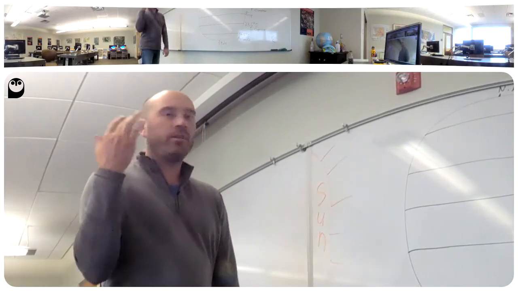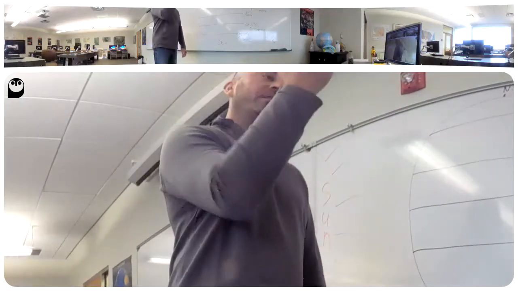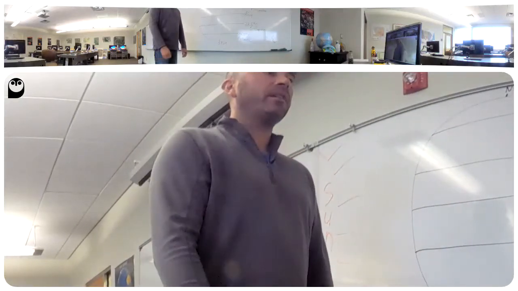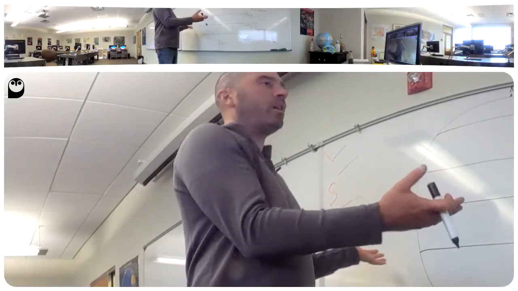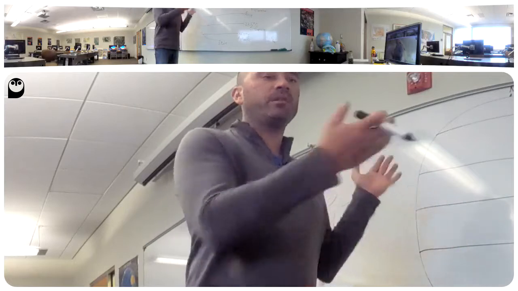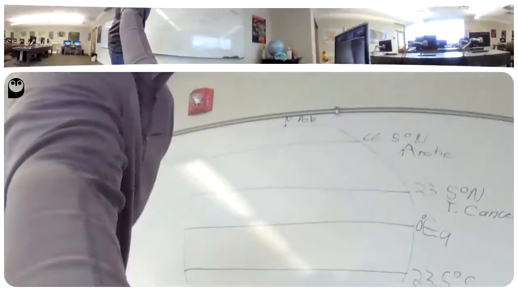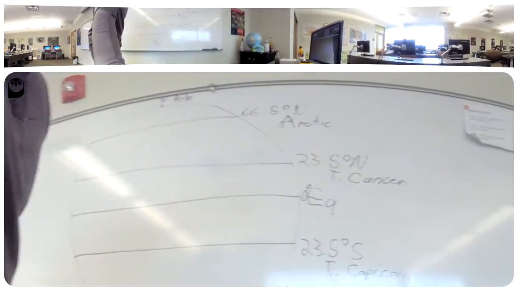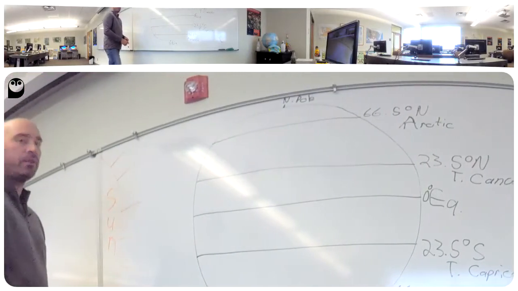I mean, we all know the Earth goes around the sun, right? And the Earth is tilted at 23.5 degrees, okay? This is just simply the best way to draw the Earth-Sun relationship in a two-dimensional way on a board, okay? So here we go.